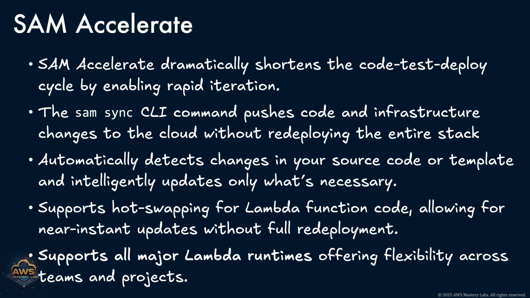And because it integrates naturally with the rest of the SAM CLI, including commands like SAM build, SAM local, and SAM deploy, there's no need to rework your toolchain or CI/CD workflows. It simply plugs in and enhances what you already have. Ultimately, SAM Accelerate is about empowering developers, leading to faster feature delivery and higher code quality.